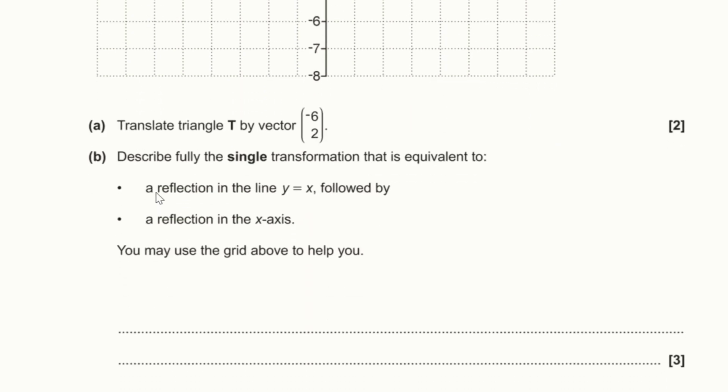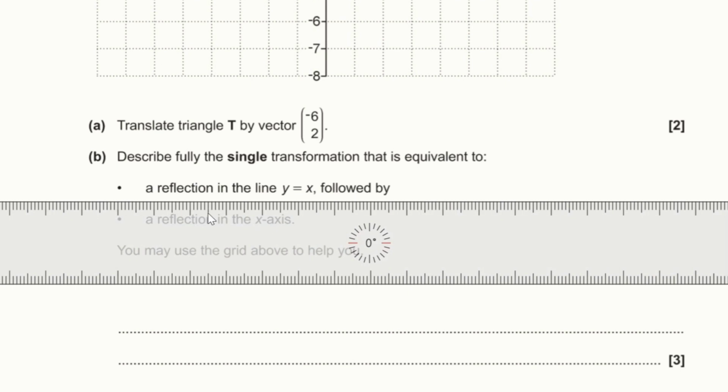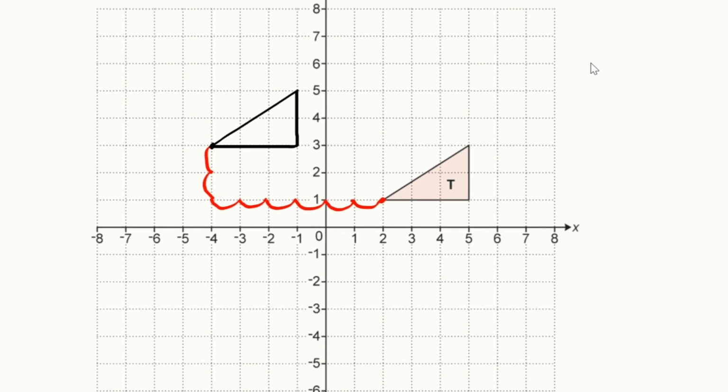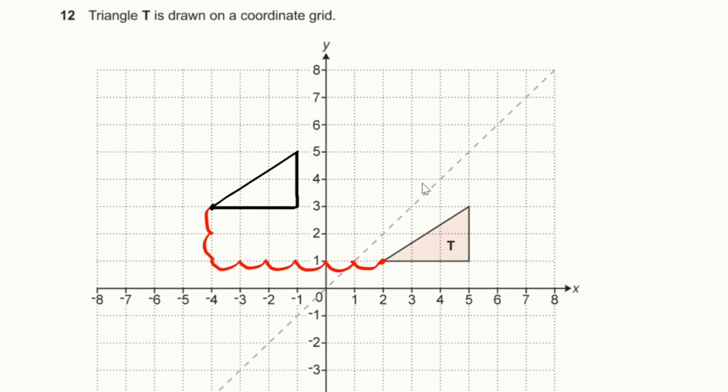And then it says, describe fully the single transformation that is equivalent to a reflection in the line y equals x, followed by a reflection in the x-axis. Well, let's do this first bit. Let's reflect the triangle in the line y equals x. Well, the line y equals x is what we see here, so we need to reflect this triangle in the line y equals x.